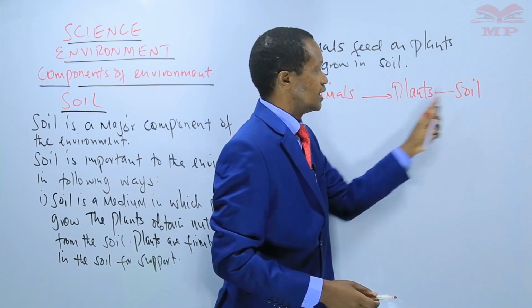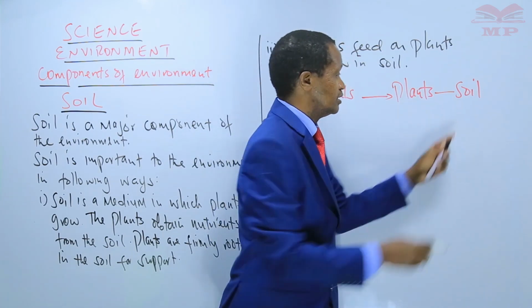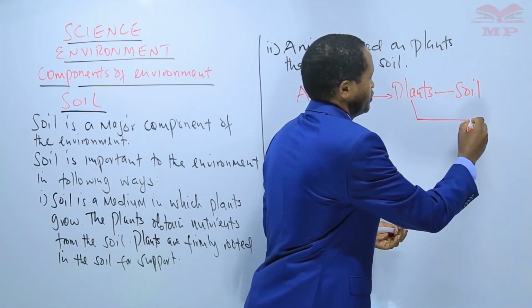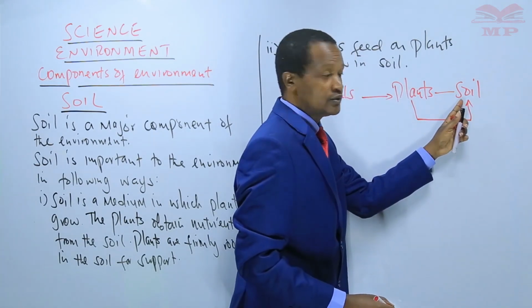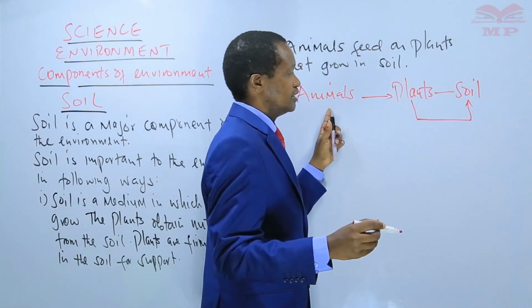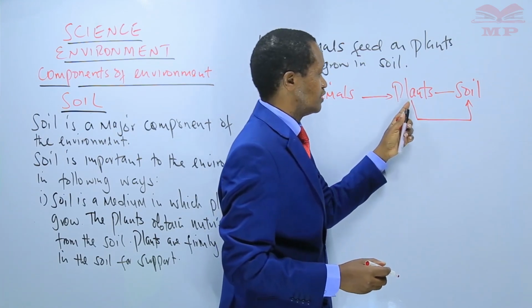So, plants benefit directly from the soil. They get nutrients from the soil. But animals, including human beings, rely on plants for survival.